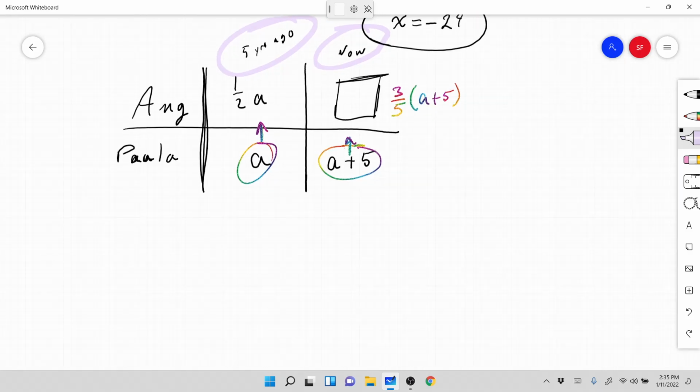Because it's 5 years difference, yes? Okay. So Aang would be 1/2 A plus 5. And that equals the other side. Three-fifths times A plus 5.